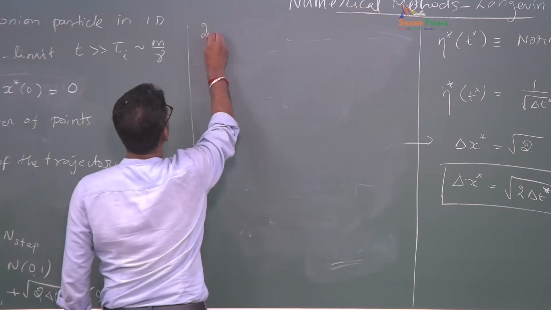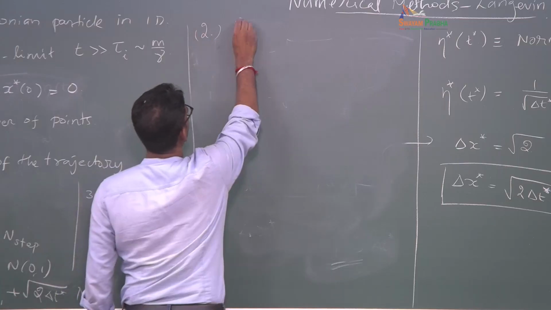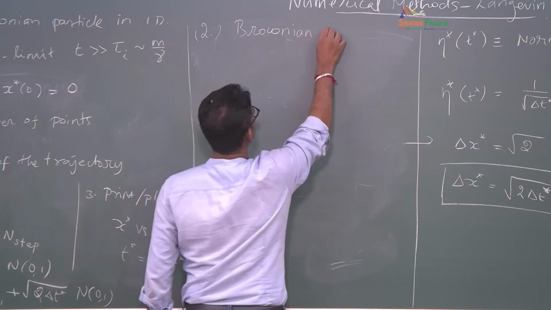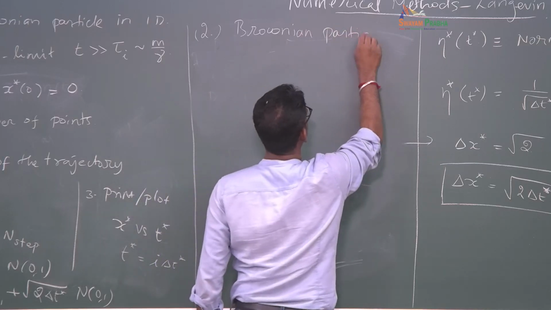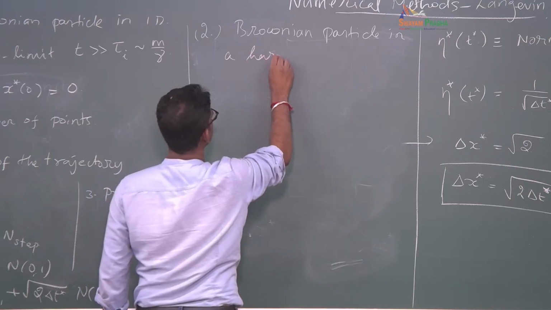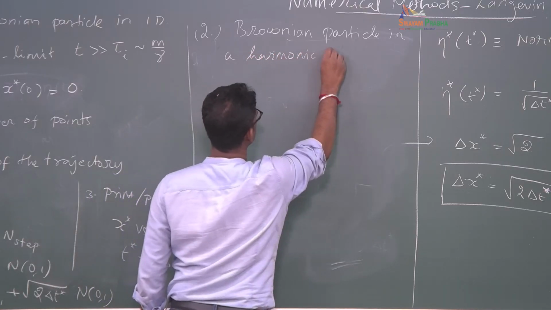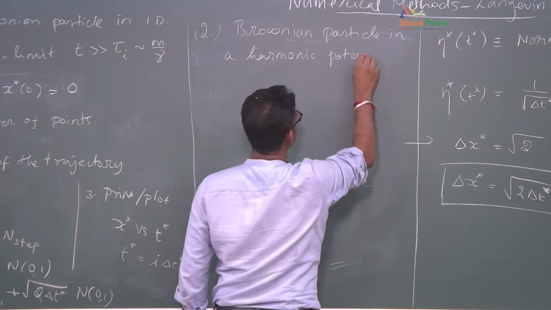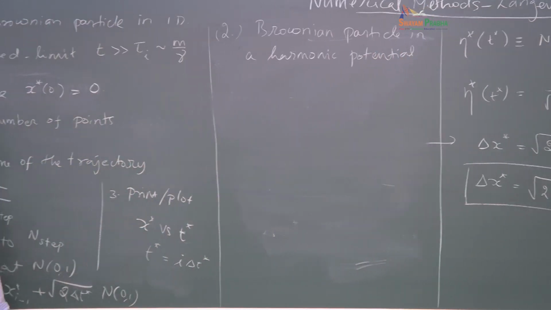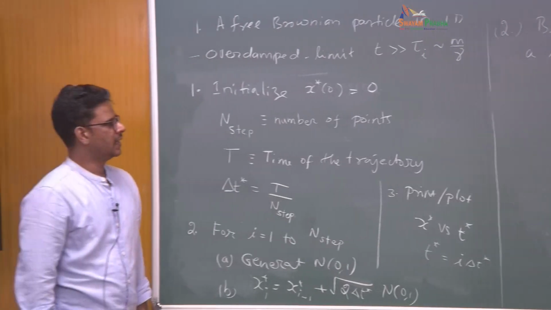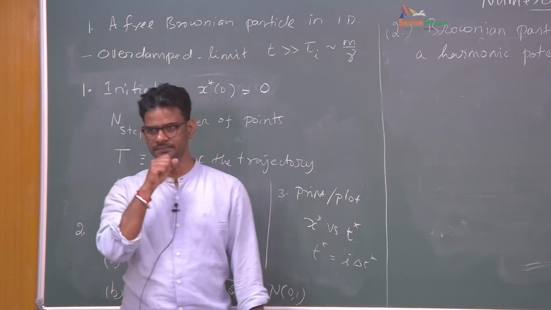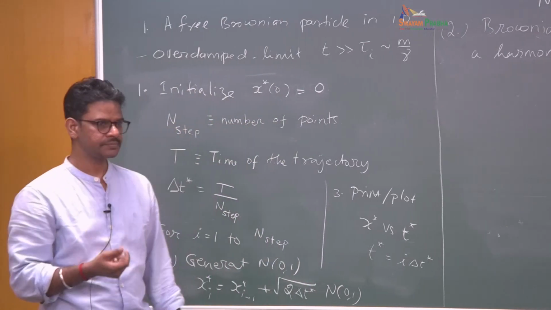The second problem is a Brownian particle in a harmonic potential. We already discussed this problem in the context of optical tweezers, where a Brownian particle is confined to a one-dimensional harmonic potential.